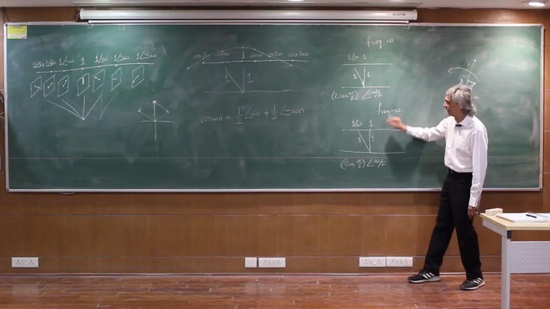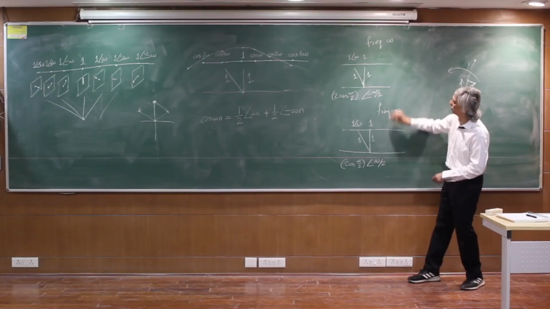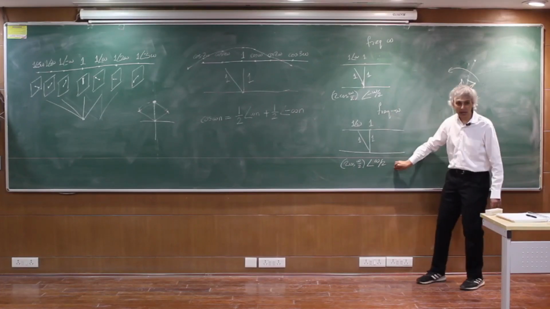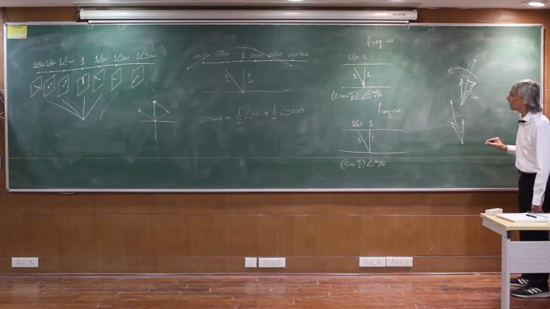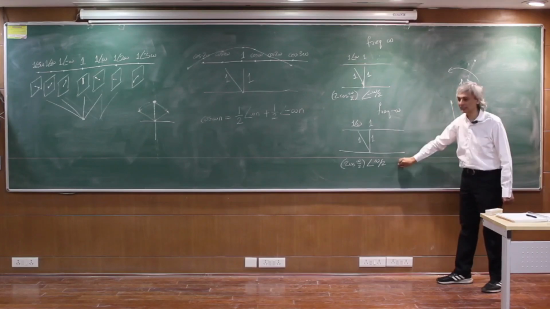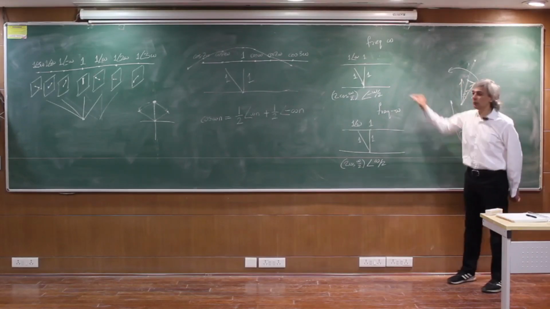Correct? And so now let's try to understand these two things. Both of these are spirals which are going around at a frequency of this is at omega, this is at minus omega. But their starting phase angle is not 0. Okay? And so if you add them up, what will they produce?